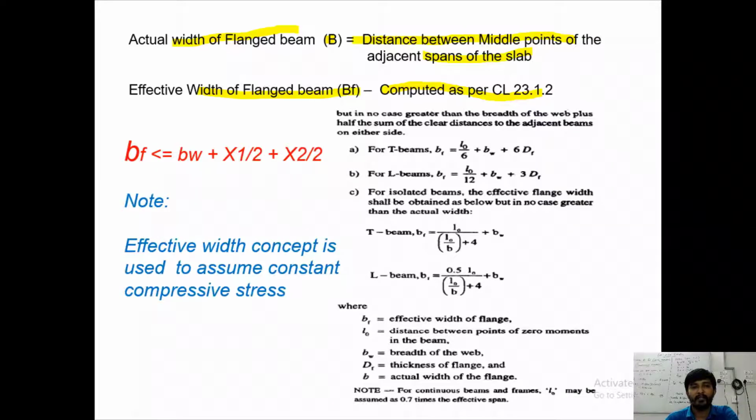Here we need to take care that bf is less than or equal to bw plus X1 by 2 plus X2 by 2. The effective width concept is used to assume constant compressive stress.